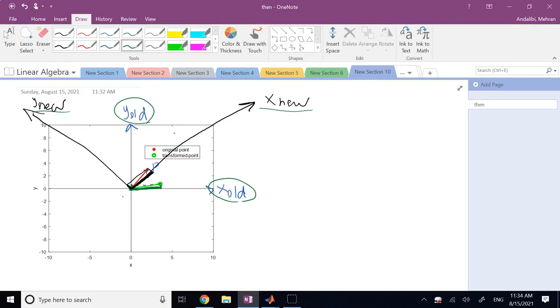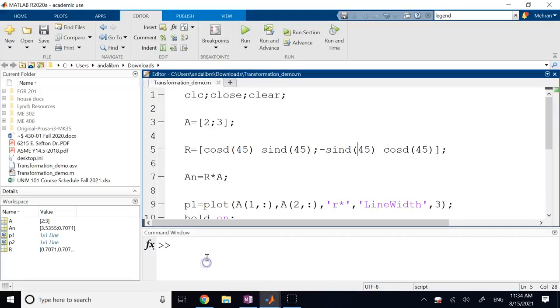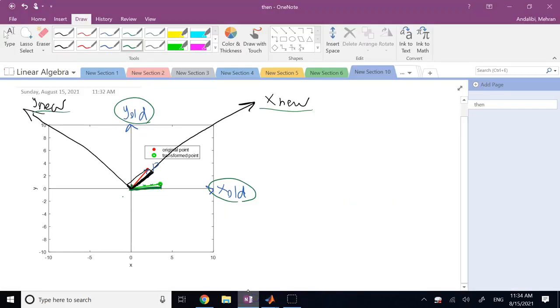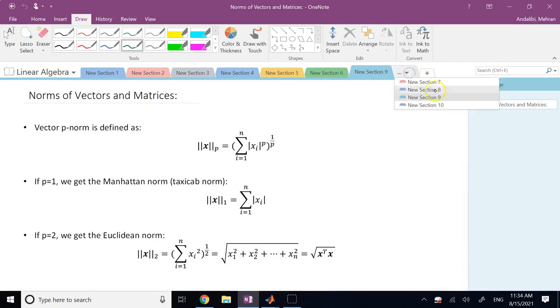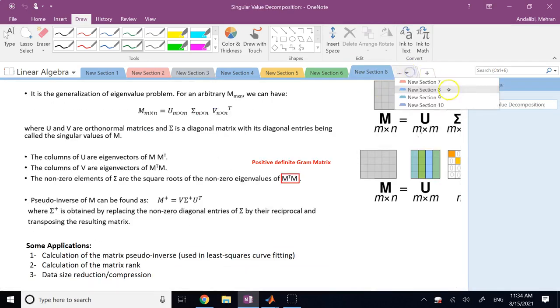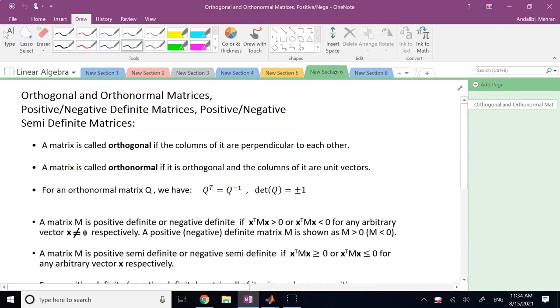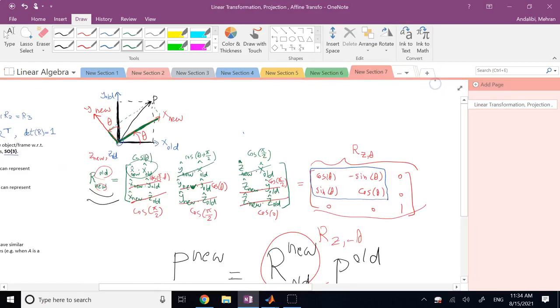What you want, if this MATLAB code is not doing exactly what we have been talking about in this lecture, let me find it here. What we did here, we kept point P fixed and rotated the frame.